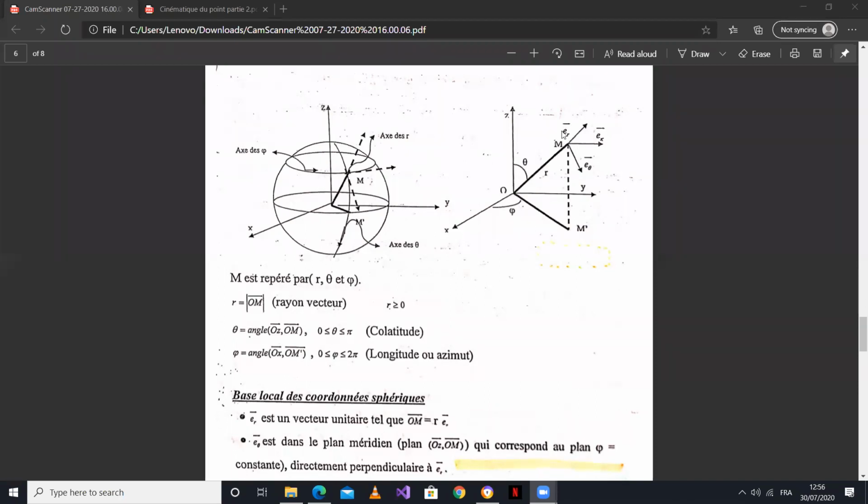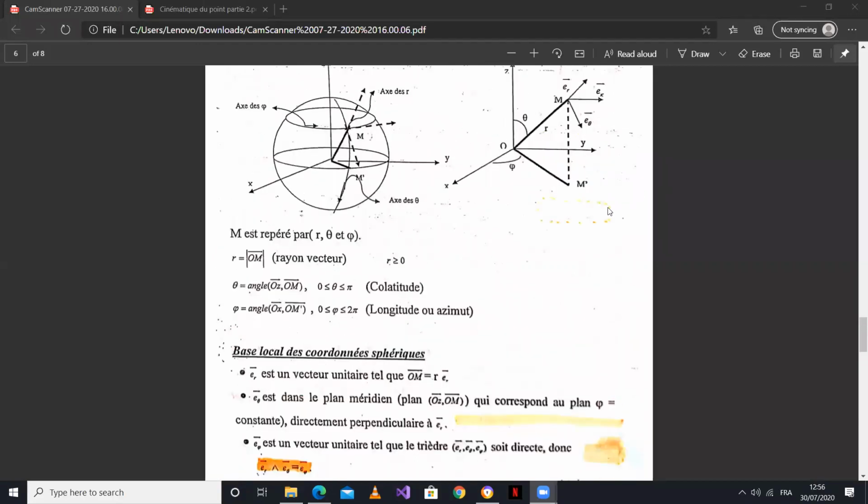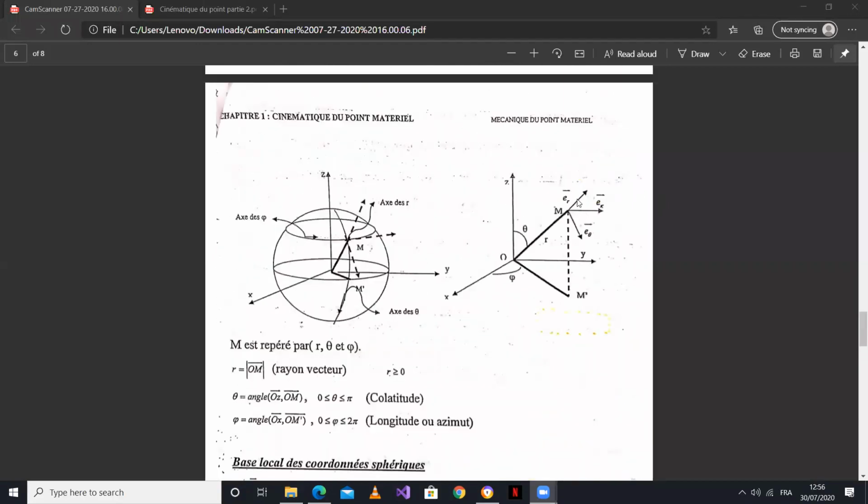So we can simply say OM is equal to R suivant ER. It's like the distance is R in the direction of ER, and the vector position OM becomes simply R ER. That's all, because we already have a vecteur unitaire in that direction to tell us the direction.